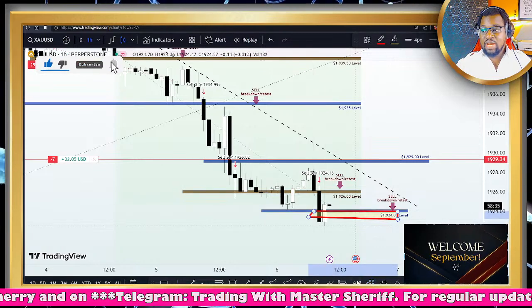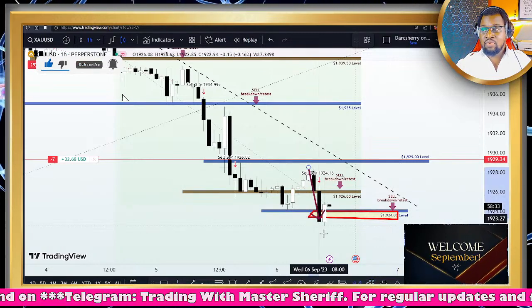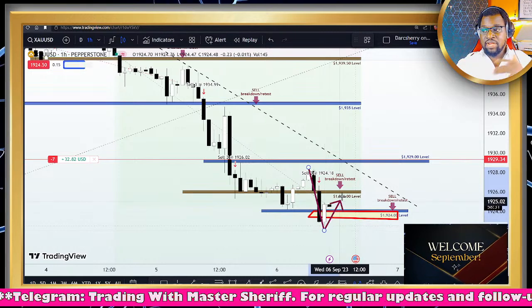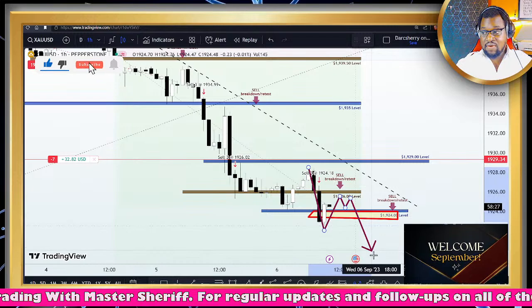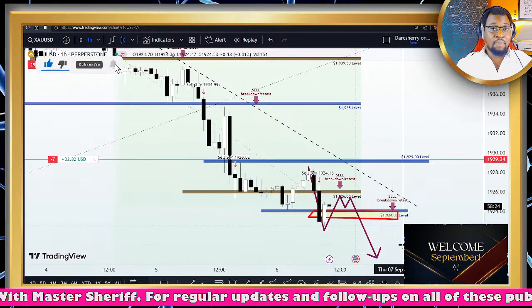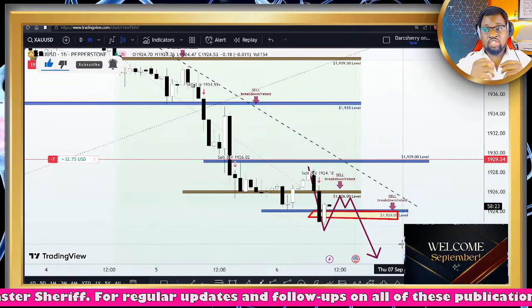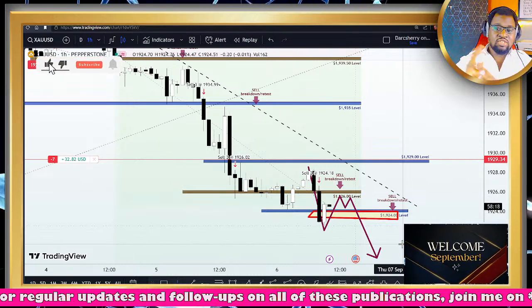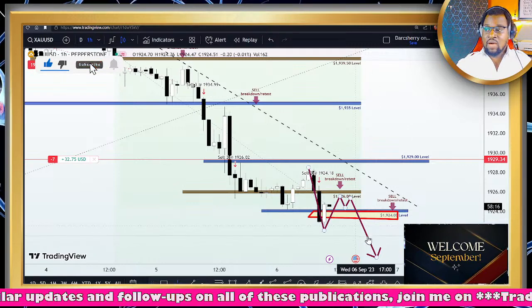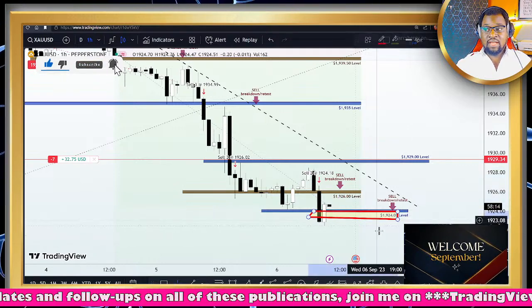So since we already have a breakdown, as you will see, retest of structure, something like continued selling pressure around that area, then we would like to be part of the downtrend continuation right below the 1926 level.